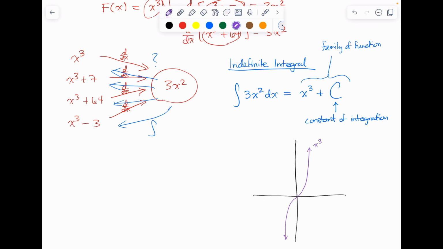Oh, in fact, I shouldn't draw the x or y axis. All right, so let's just suppose that's x cubed.